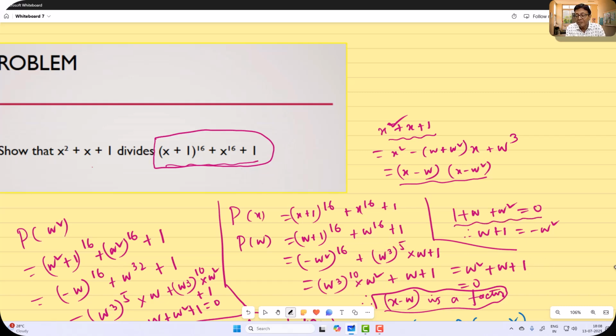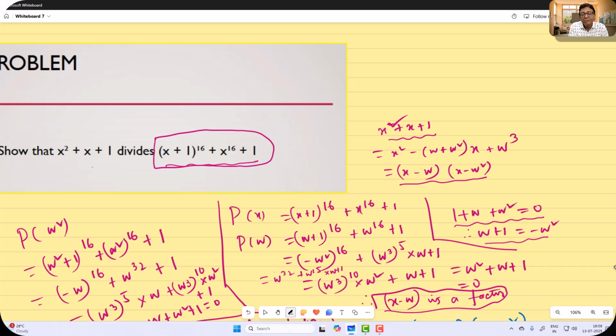This property I have reminded you today also: 1 plus omega plus omega square is 0. So omega plus 1 is minus omega square. Put minus omega square over there. So this will be changed to omega to the power 32, plus omega to the power 15, into omega, plus 1.